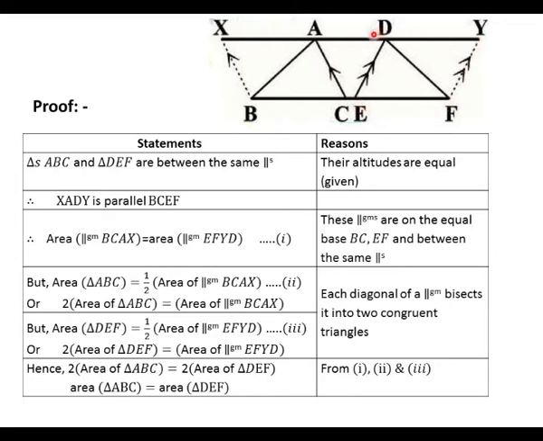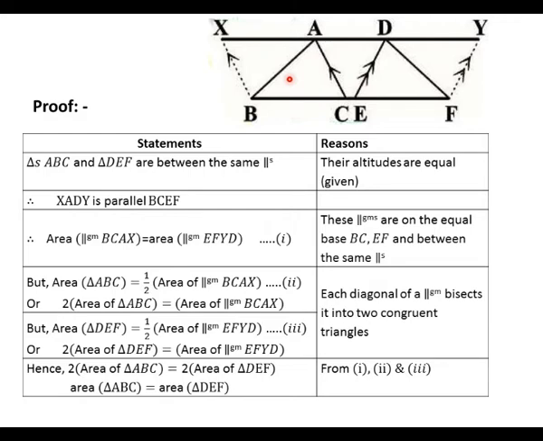Okay students, as we did in the previous theorem 16.1.3, now if we look at this line AB, it is behaving as the diagonal of a parallelogram. As I told you in the previous theorem, the diagonal of a parallelogram always bisects that parallelogram into two congruent triangles.